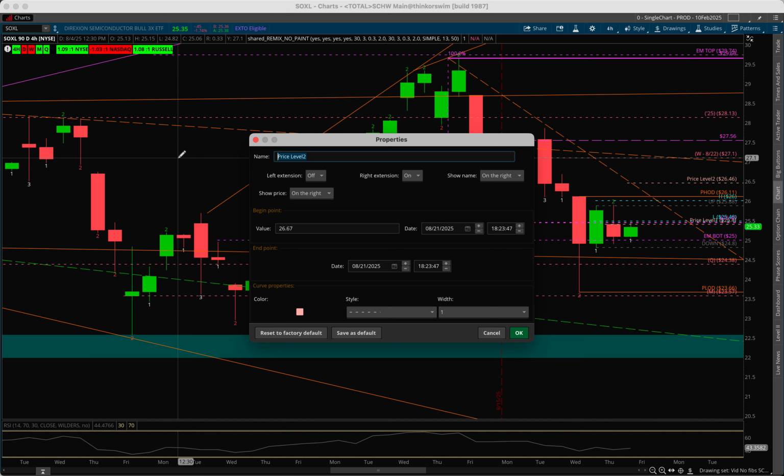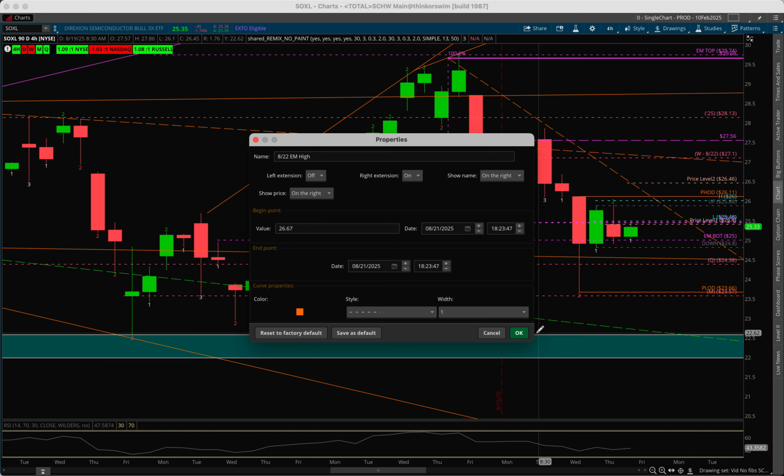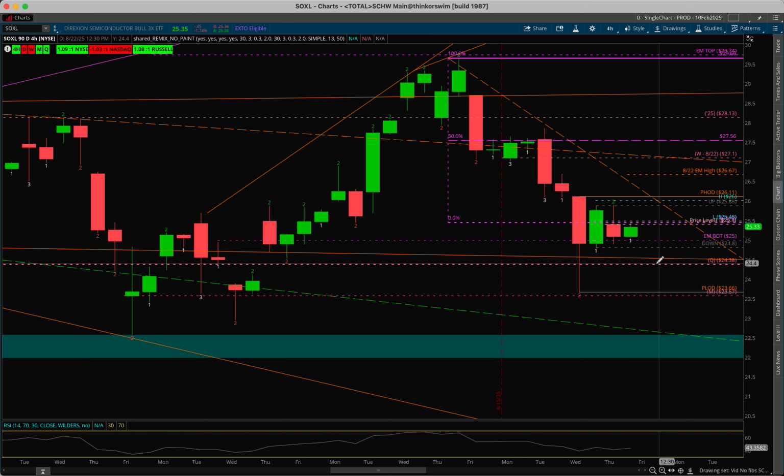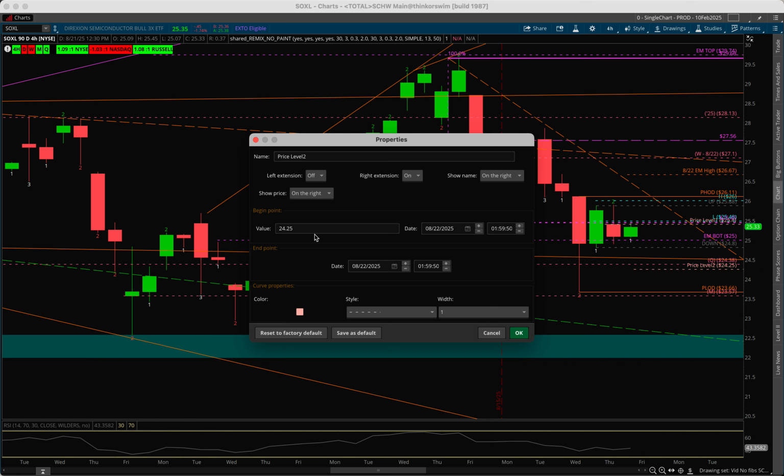We'll put 8/22 EM high. We'll make it orange for a day indicator, and we can see on the chart we've got that there, and I believe it was 24.03. Yeah, 24.03. All right, we'll call this 8/22 EM low.